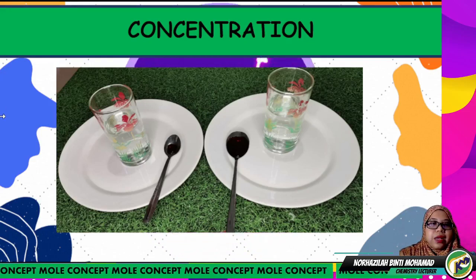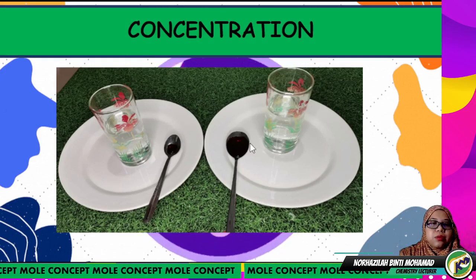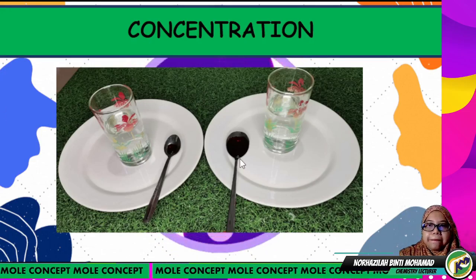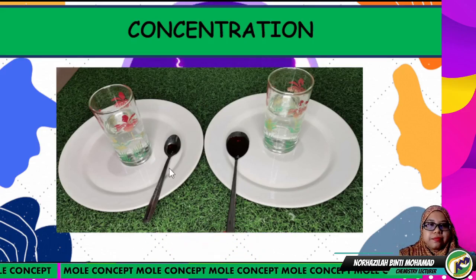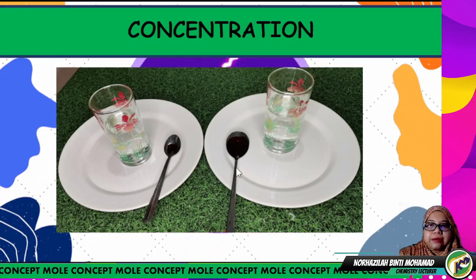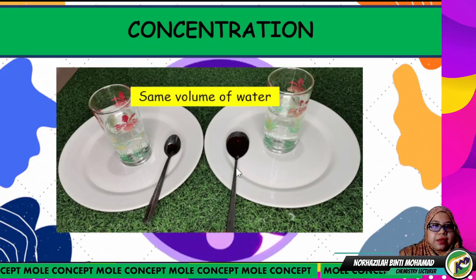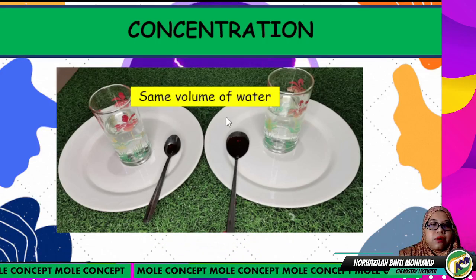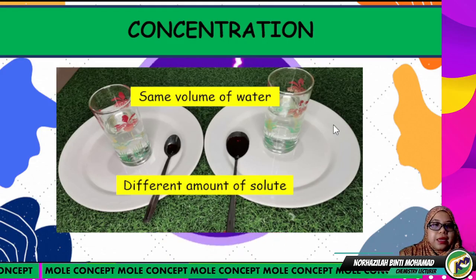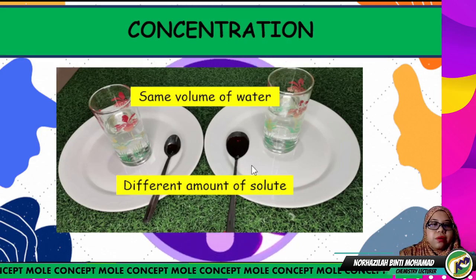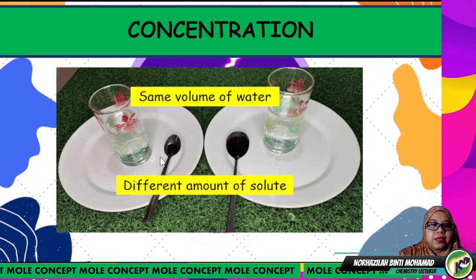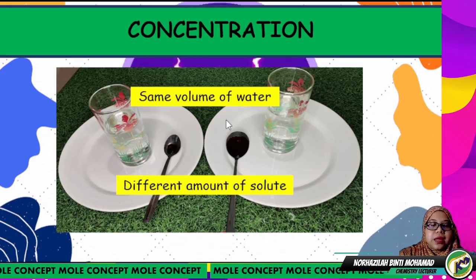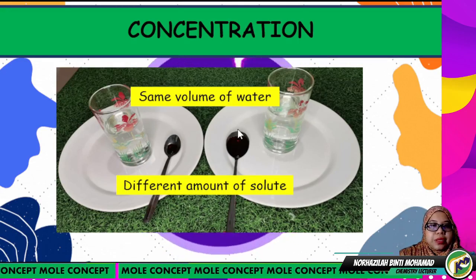I have 2 glasses of water and 2 spoons of syrup. Okay, or red coloring. Okay, so for this example, I have the same volume of water, but different amounts of solute. Okay, one is in a smaller spoon, the other one is in a bigger spoon.